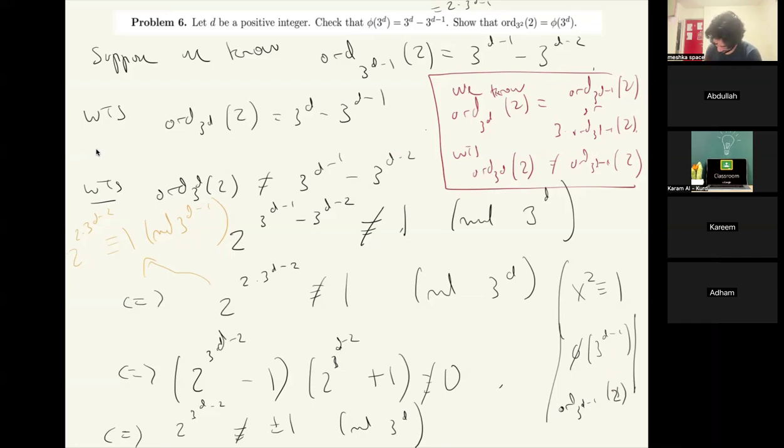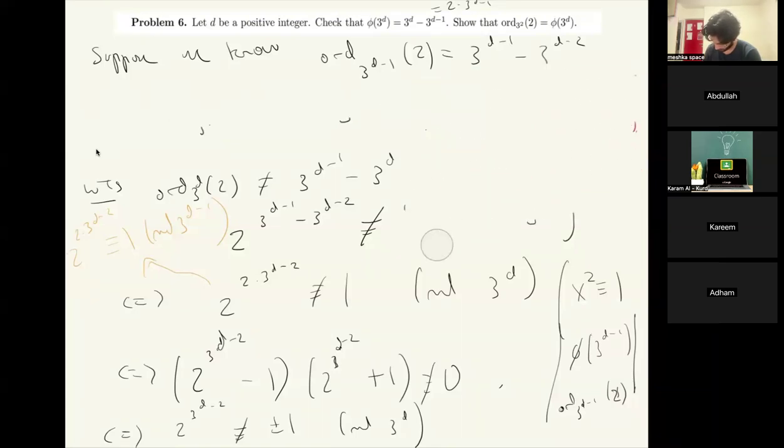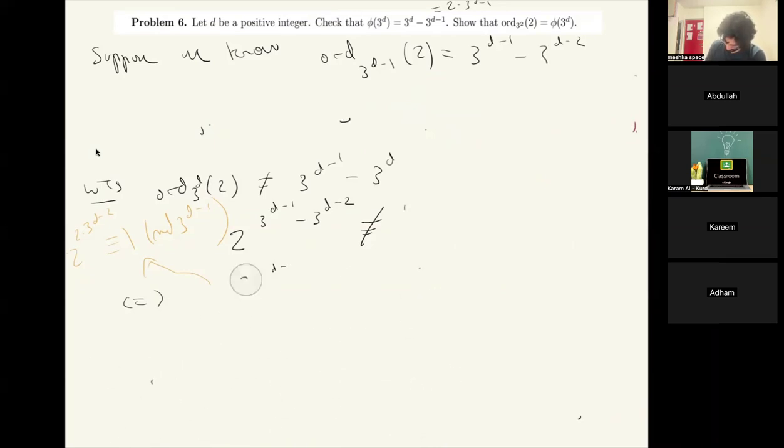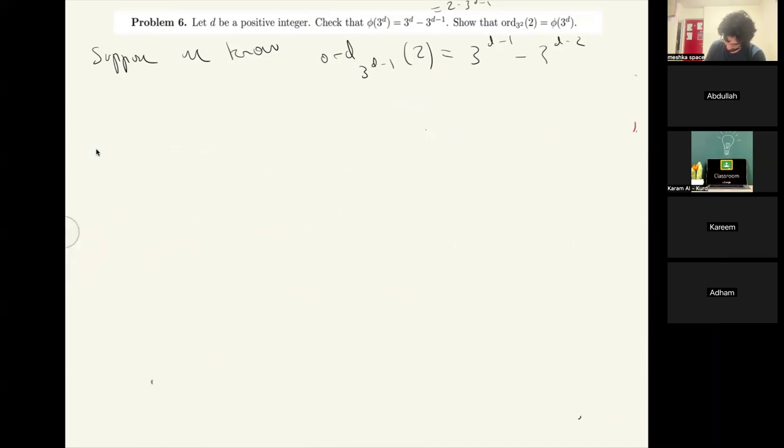Let's start with what we know. The order for d minus 1 is 2 times 3 to the d minus 2.